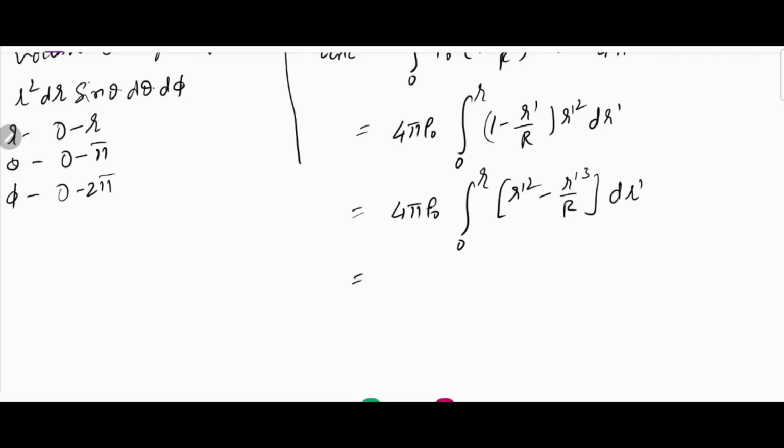If we solve that, it will become 4 pi rho naught. This is a simple integral, anyone can solve it. So r dash cube by 3 minus r dash power 4 by 4R, with the limits 0 to small r.